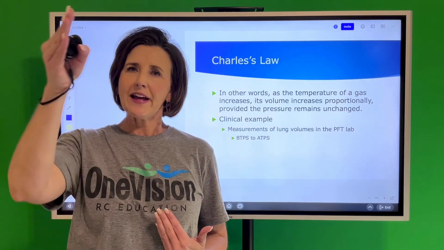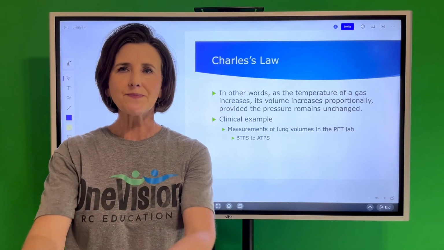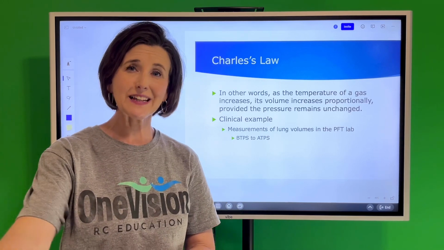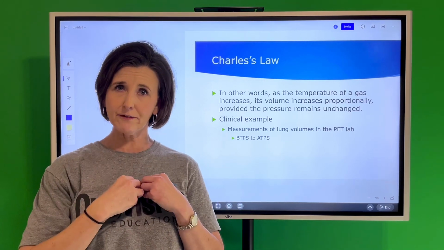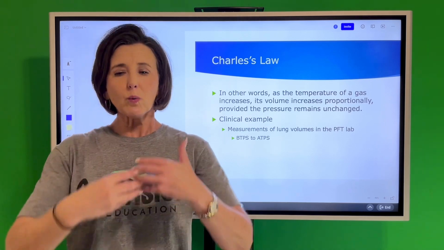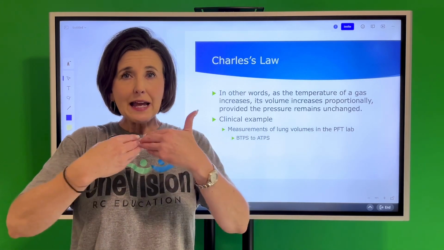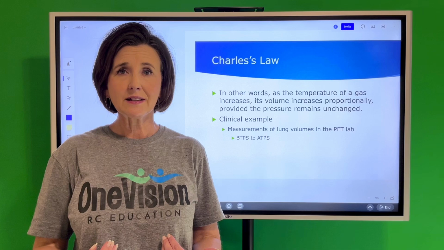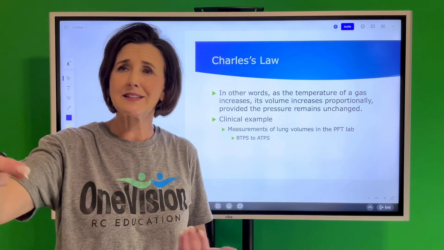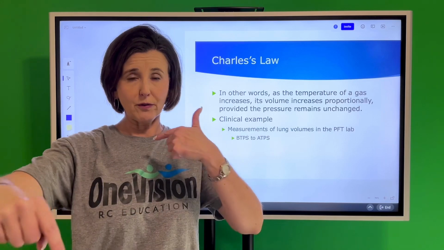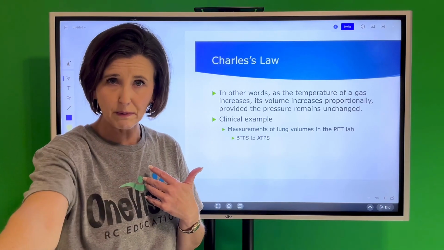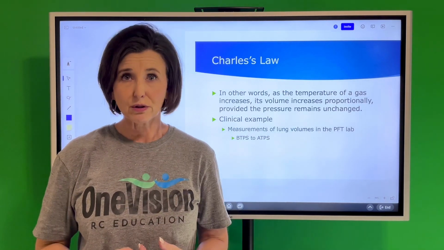But we exhale that gas into a spirometer that is at room temperature. The spirometer is going to measure the gas coming out of our chest. We've gone from a 98.6 environment to an environment that is, let's say, if the room is 70 degrees, so we've decreased temperature moving from the lung into the spirometer. So volume's going to shrink.